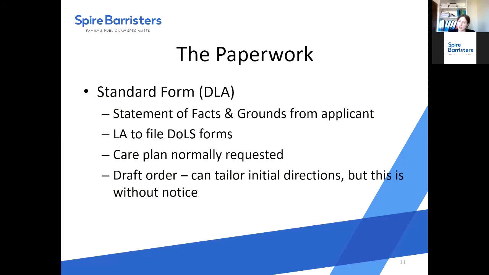If it's the local authority making the application, obviously the facts and grounds are going to be a little different. And in those situations, what you would tend to see is not the law being set out, but rather the local authority setting out, this is why we say the qualifying requirements are met, and it'll essentially be pointing to the evidence within the standard authorisation forms, but highlighting why the application is being made.